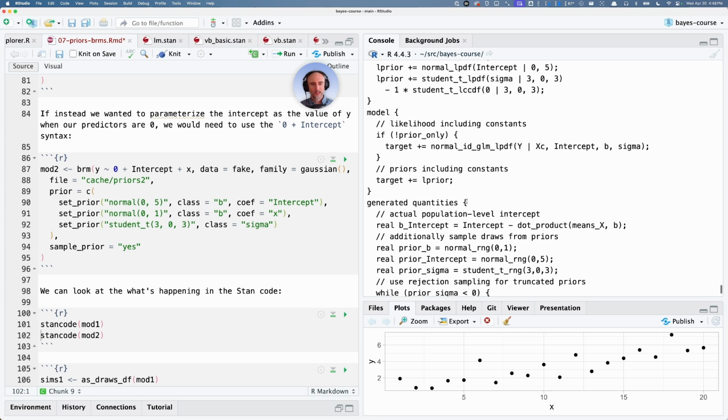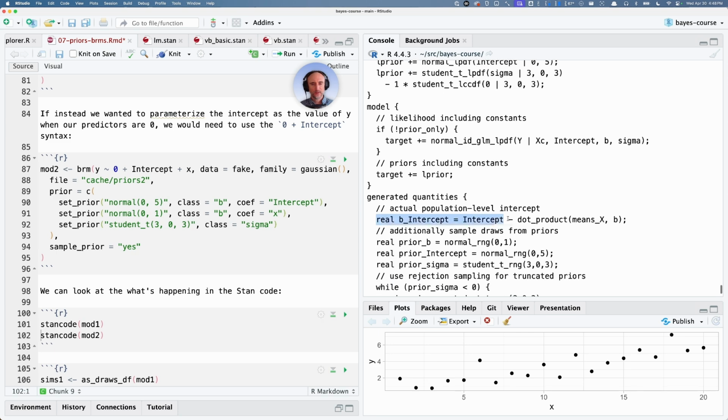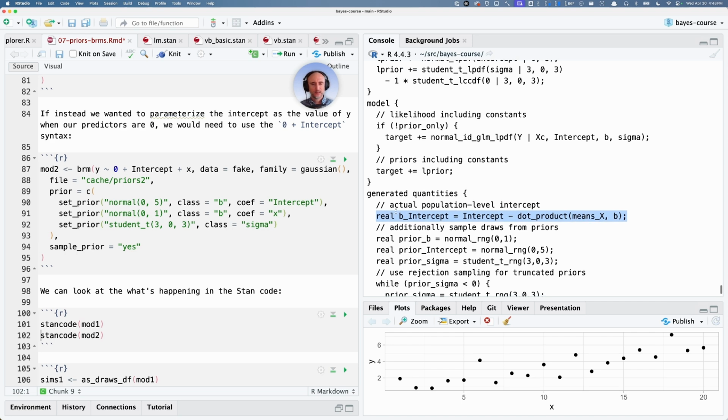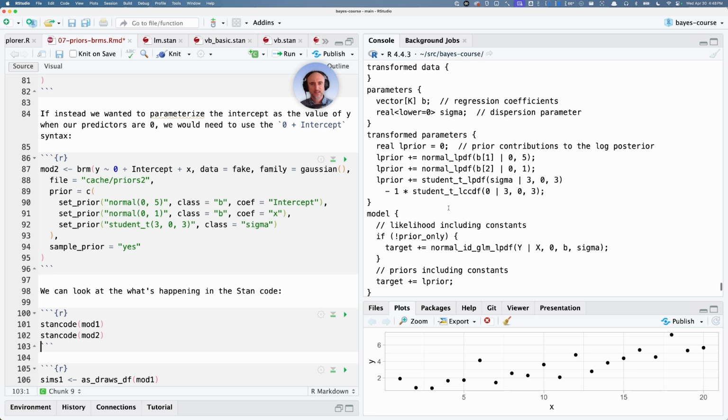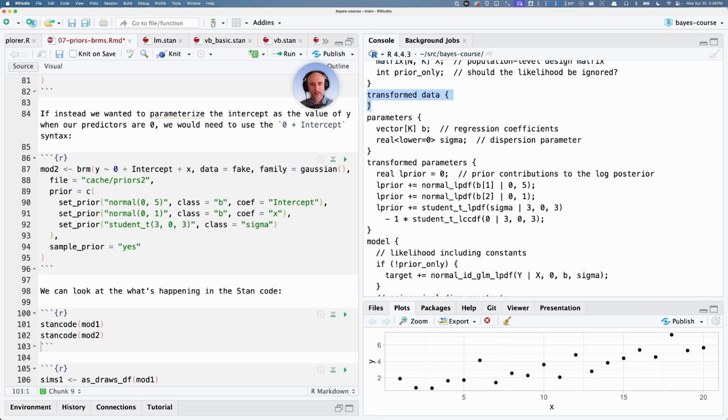And then it back transforms the intercept here in the generated quantities. We'll talk more about these sections of the Stan model next week, into something called b_Intercept. If, on the other hand, we looked at Stan code for model 2, we have a simpler model. There's no transformed data.